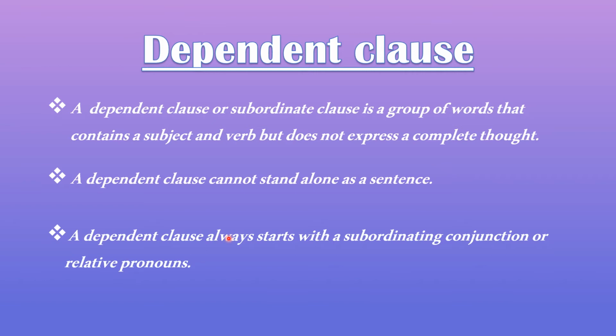That's a clue: if they give a sentence and you need to find the dependent clause, it always starts with a subordinating conjunction. With that you can find it easily. So let's go to the next.